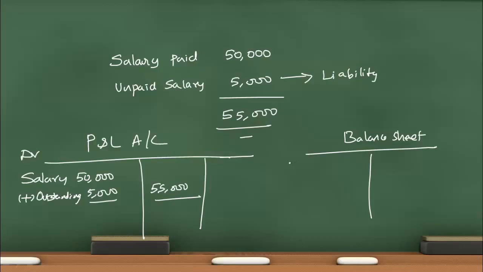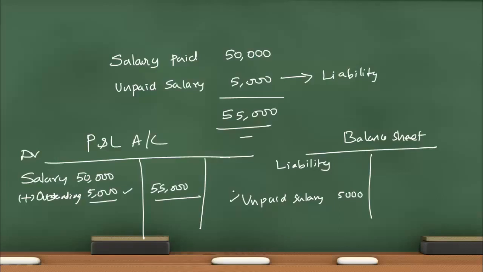So on the balance sheet, on the liability side, whatever be the unpaid salary amount, that should be shown: unpaid salary, 5,000. So the effect is simple. The first effect will be that it will be added with the corresponding expense, and the second effect will be that it will be shown on the liability side of the balance sheet.